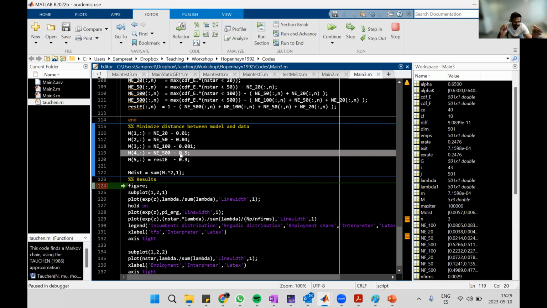So that's a sensitivity analysis that you need to do before you do the calibration. Here I knew that alpha is very informative about employment share, but many times you don't know, so you need to do that sensitivity analysis. Correct. Good. Thanks for the comment.